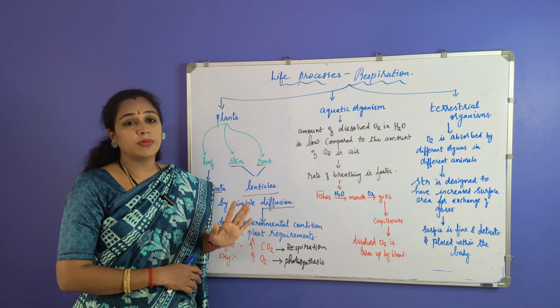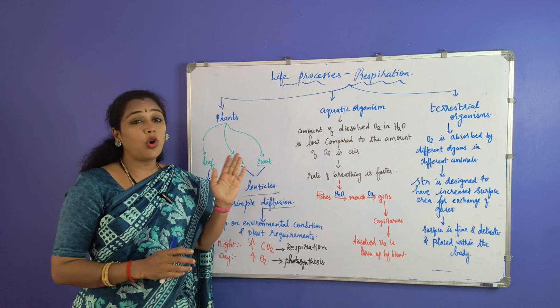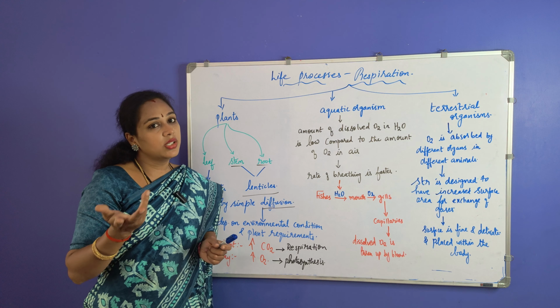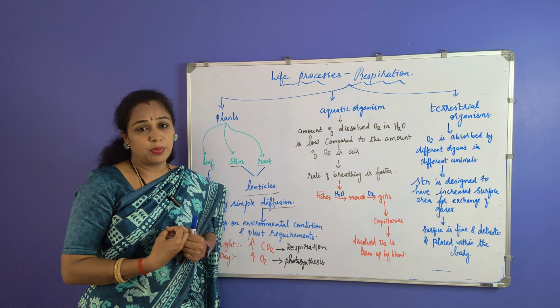Now the next concept is about the terrestrial organisms. As I have discussed already, in terrestrial organisms the oxygen concentration is comparatively more. And how do the terrestrial organisms respire?